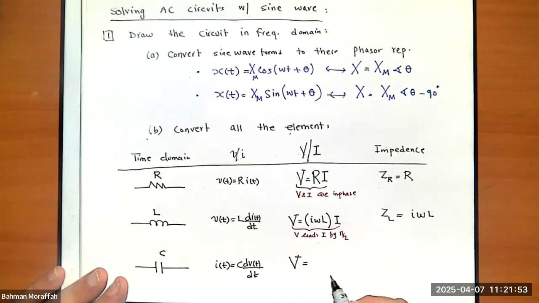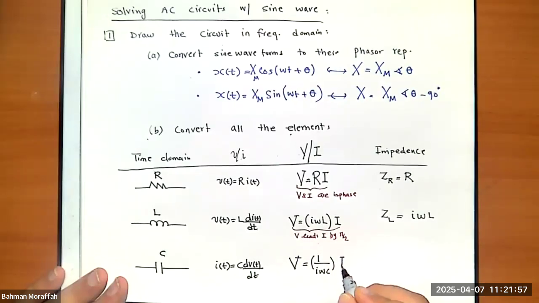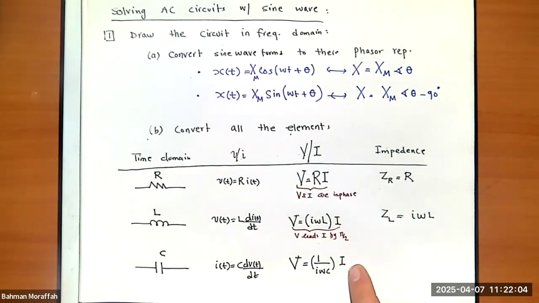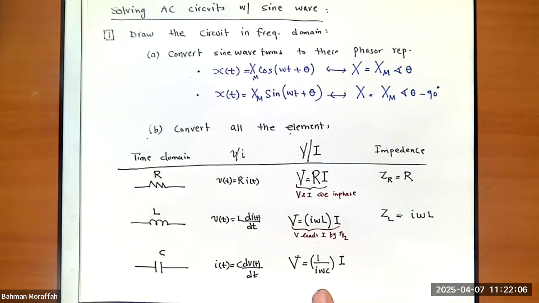The phasor relationship is V equals 1 over jωC times I. So to find the phase of V, it is the phase of current plus the phase of 1 over jωC. This second j is the complex number, right?